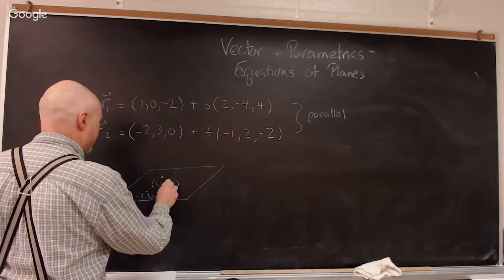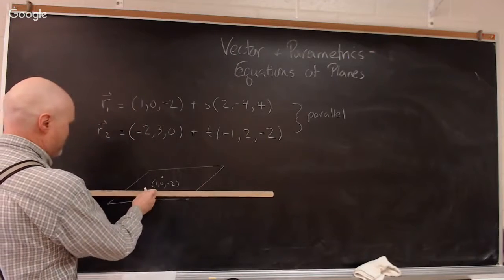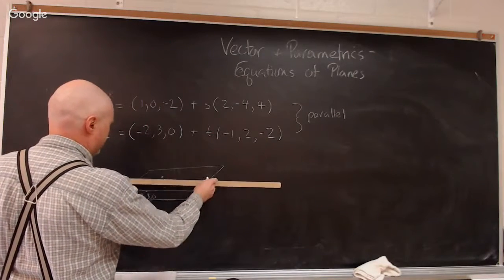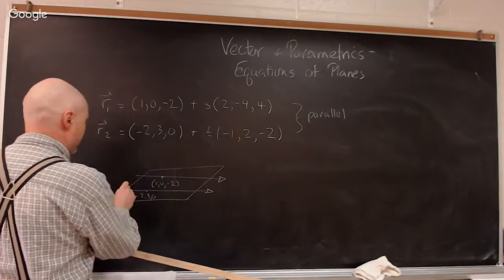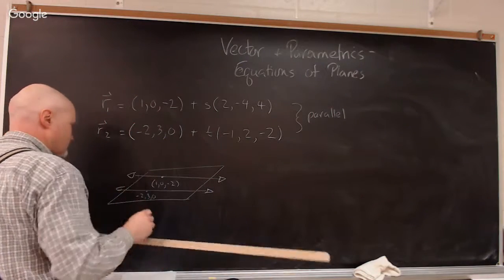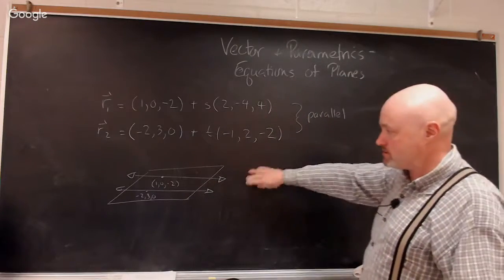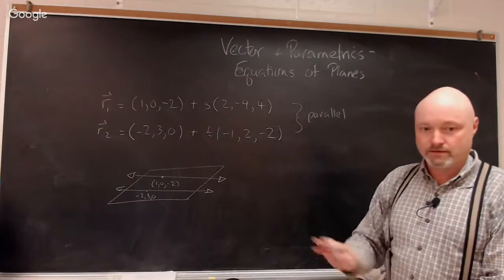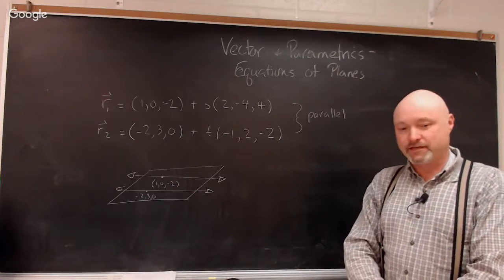There are my 2 points. Here go my 2 parallel lines. If I could just find any vector that's not parallel to these 2 direction vectors that's on that plane, I'd be away. Any ideas yet?